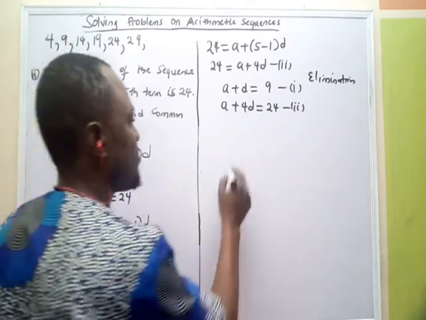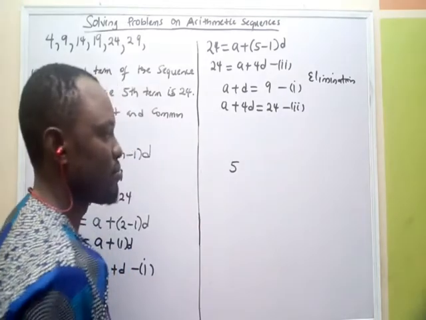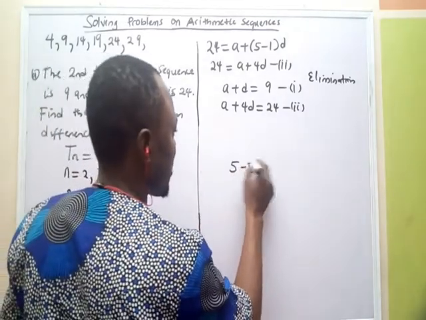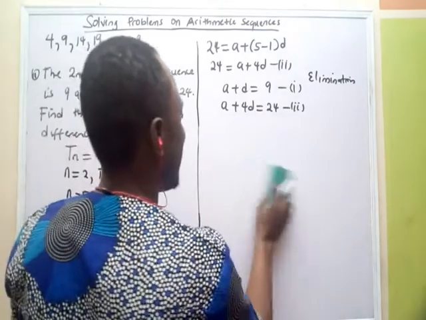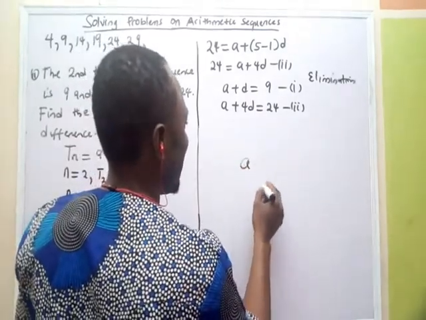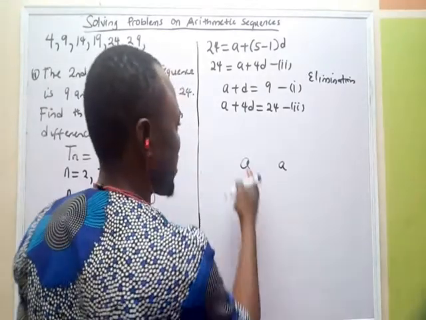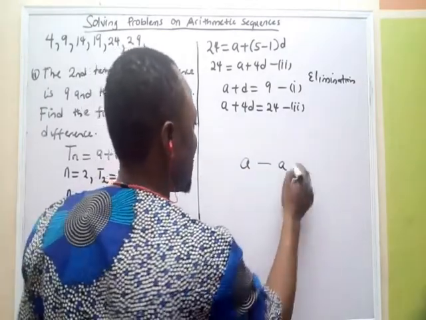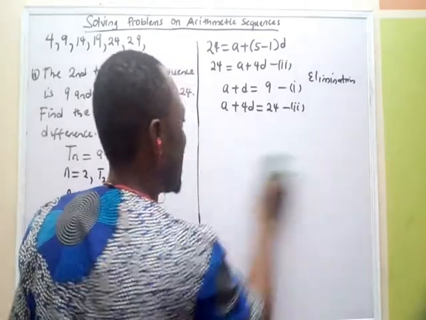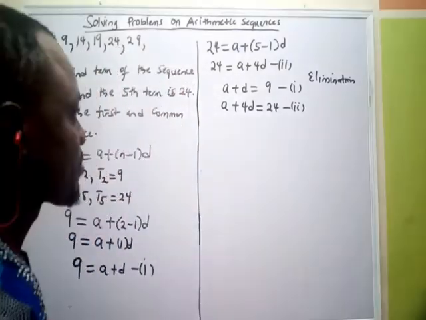For instance, if I want to get rid of 5, I'm going to subtract 5 from 5 and I will get 0. An easy way to get rid of 5. If I have a and I have another a, you can see that they're identical. If I want to get rid of them, I'm going to subtract and it will give me 0. So that's what we do in elimination.